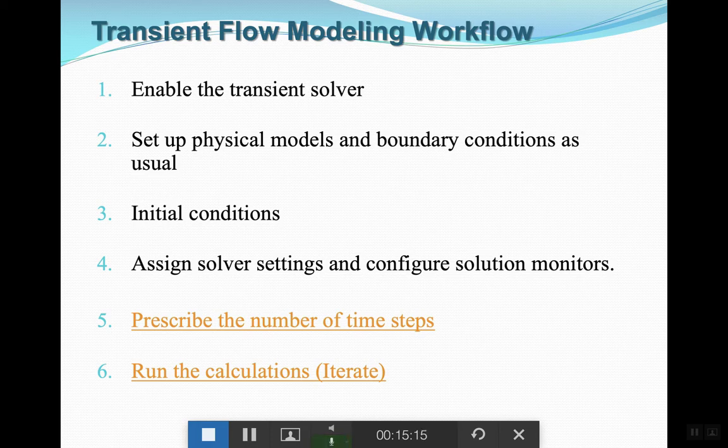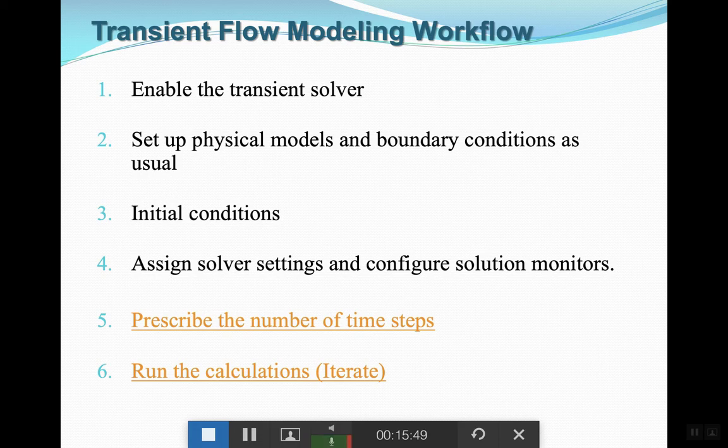Initial conditions so far, in steady state simulation, if you recall, were your initial guess that, just before the iteration starts, you would provide to the system as an initial solution to perform the iteration from.